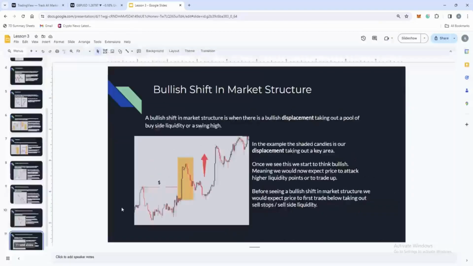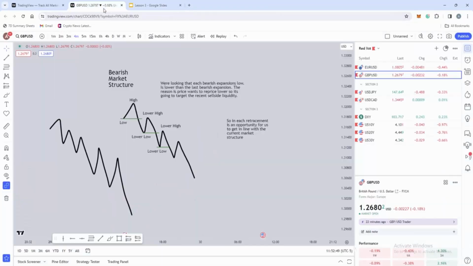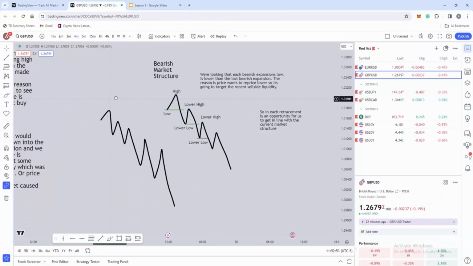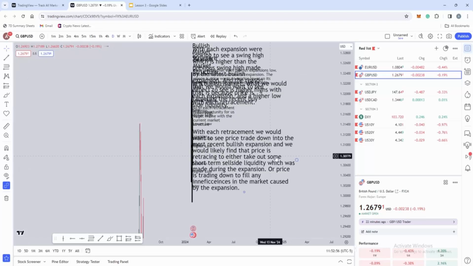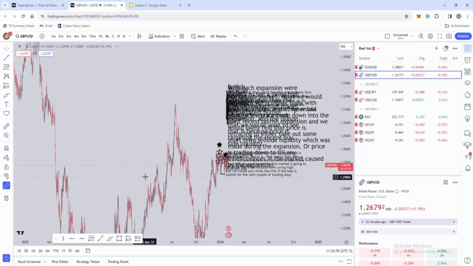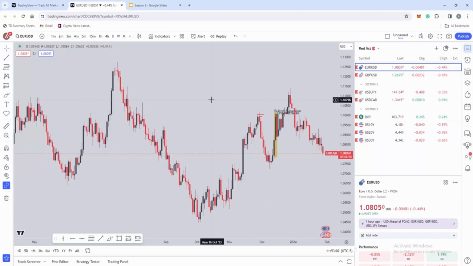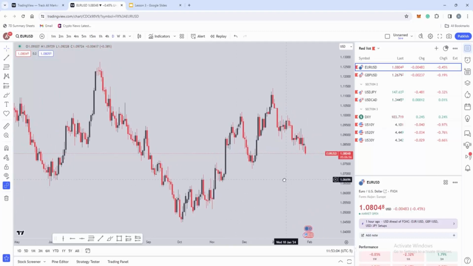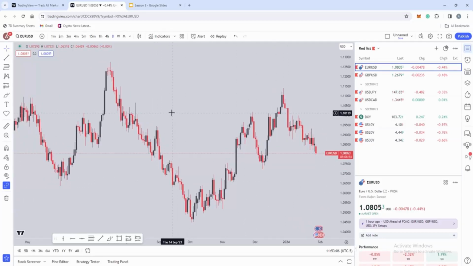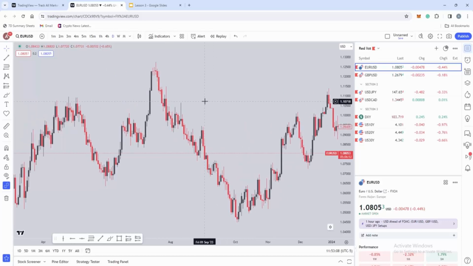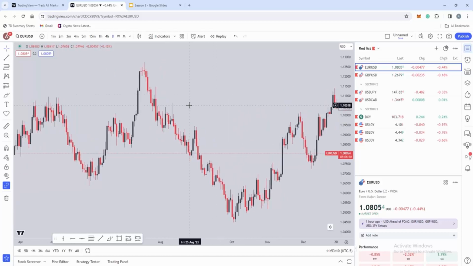So let's actually go in the chart to put all of this to the test. So let's go here. Let's change from this actually. Remove the drawings. So let me find you a bearish shift in market structure. And one thing which is important, the bearish shift in market structure is for all types of time frames.